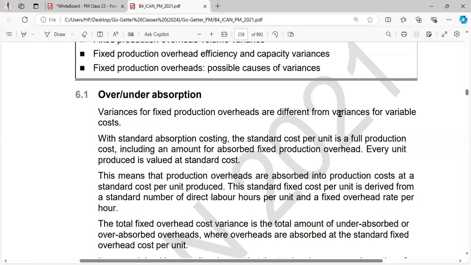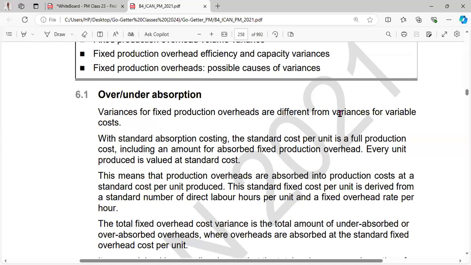So what we are saying is that whenever we are looking at the standard cost of a product, if you want to use the absorption costing method, when you are building up the cost of the product, you will need the standard cost of material, standard cost of labor, standard cost of variable overhead, plus the standard cost of fixed cost absorbed.